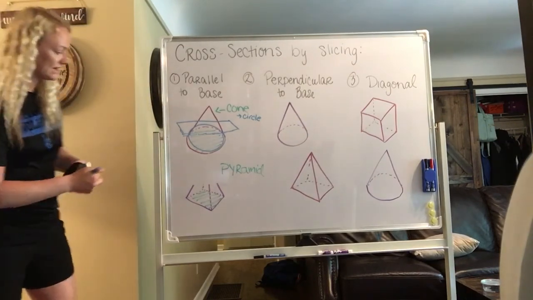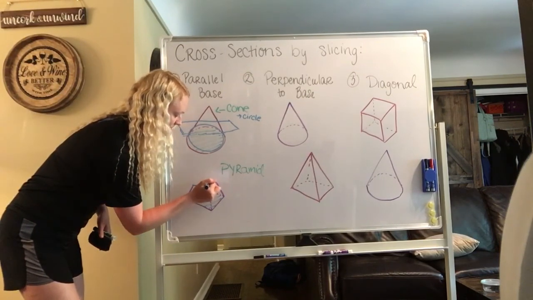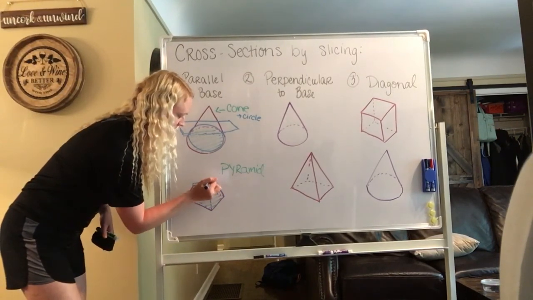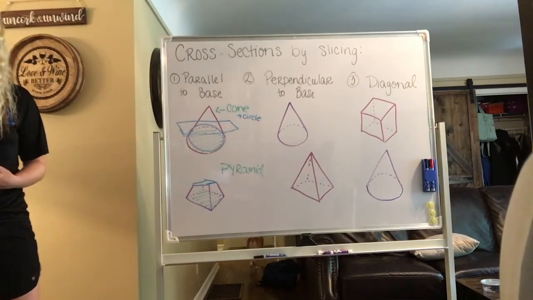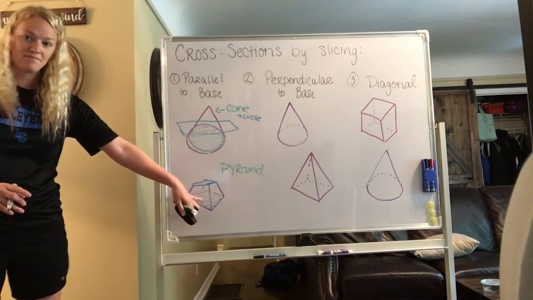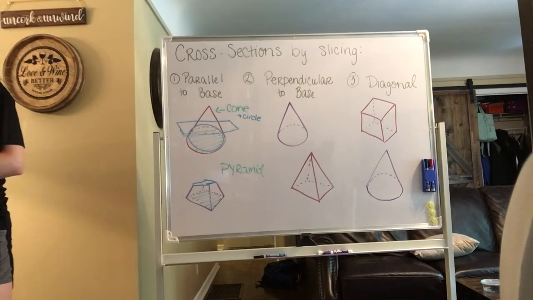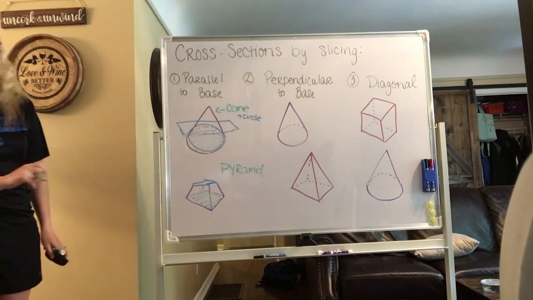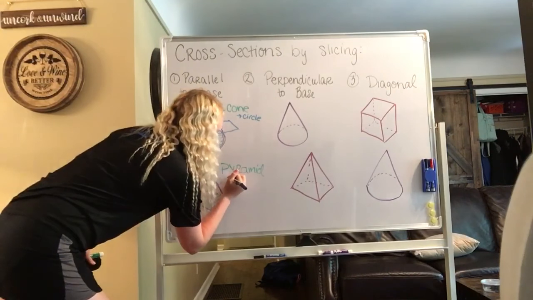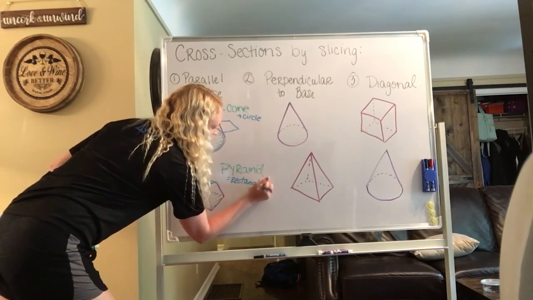And then if I were to connect these lines right here, you see what shape I have on top now? All right, it's smaller than the one on the bottom, but it still is the same shape. Okay, so that one's going to give me a rectangle. So that pyramid will give me a rectangle cross section.